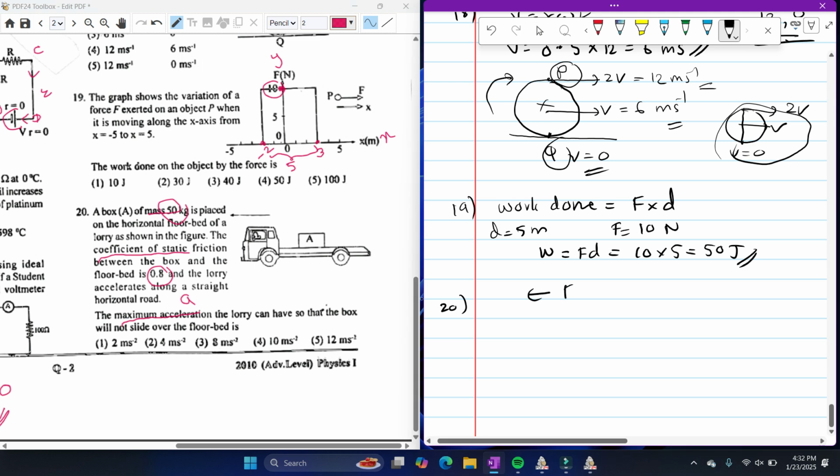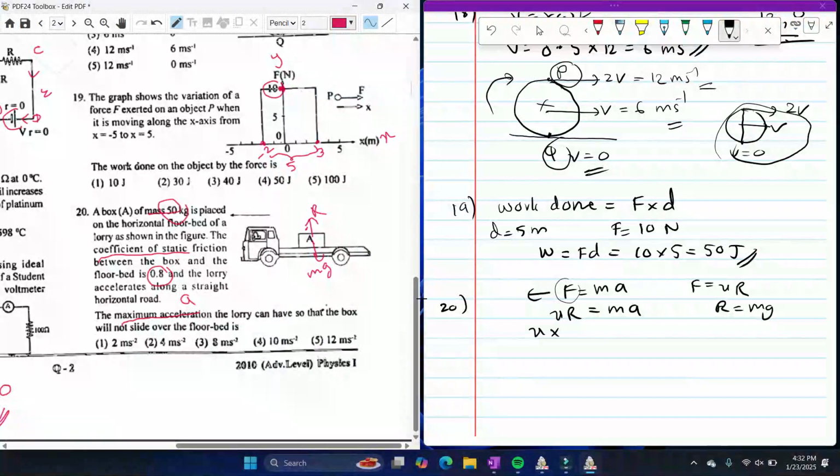Because the lorry travels in this direction, I'll apply F equals ma, and since they are talking about the static coefficient of friction, we can apply F equals mu R, and substitute this F with mu R in F equals ma. Here R equals mg, because when the box is there, R force acts upwards and mg acts downwards, so R equals mg.